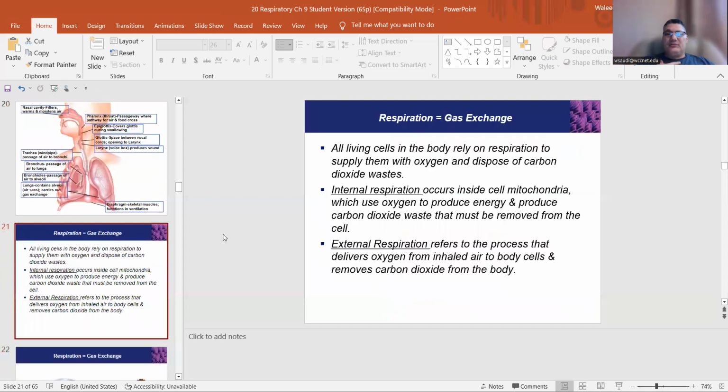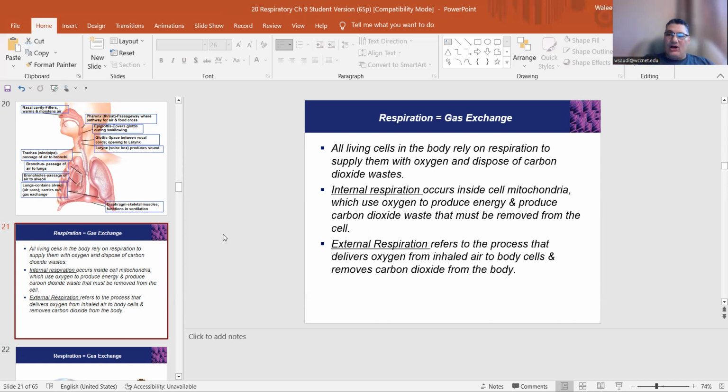So now when we say respiration, we mean gas exchange. You get oxygen, you get rid of carbon dioxide. And this is divided into two parts, and you need to know this because, again, basics. When you breathe in, air moves in your nose, pharynx, larynx, trachea, lung, all the way until it goes to the alveoli. Oxygen moves into the blood, and the blood takes it to the cells.